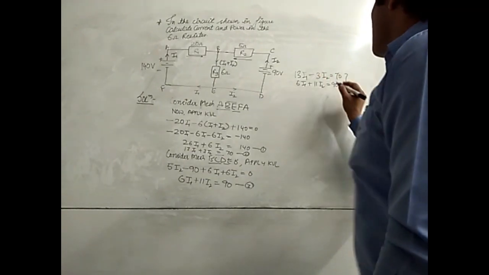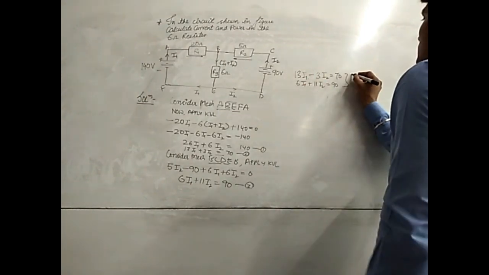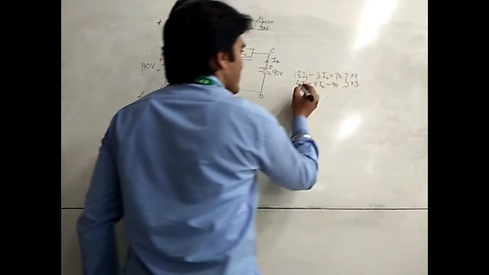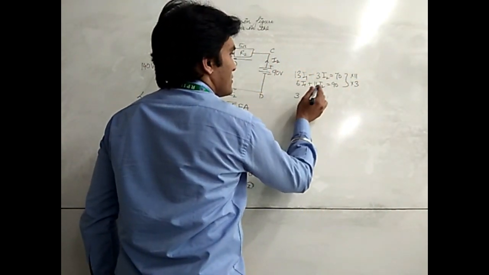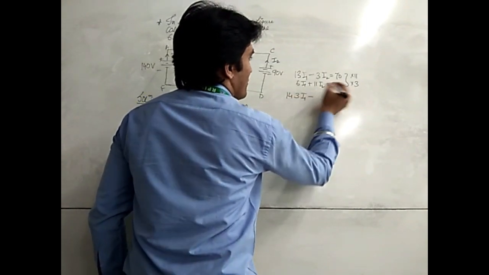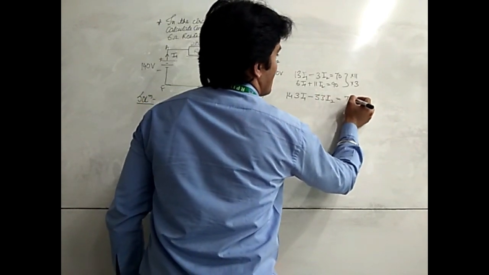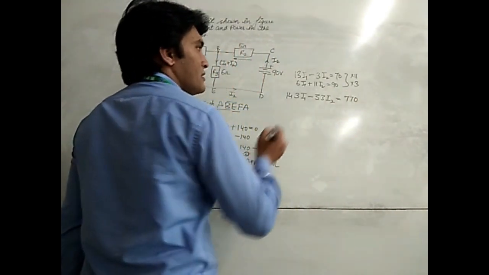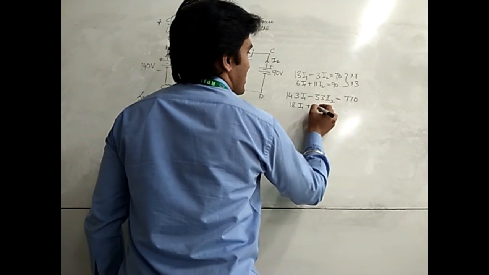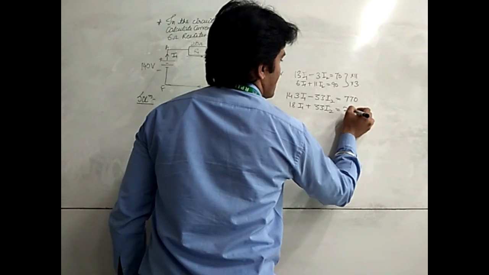Now solve these equations. Multiply with 11 and 3. So 143 I1 plus 33 I2 is equal to 770, and 18 I1 plus 33 I2 is equal to 270.